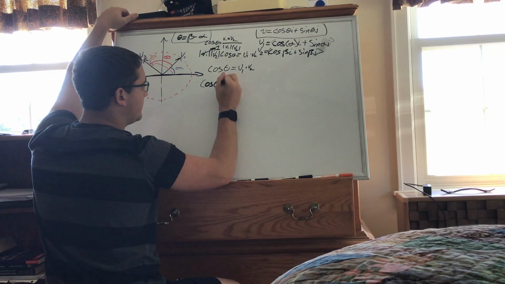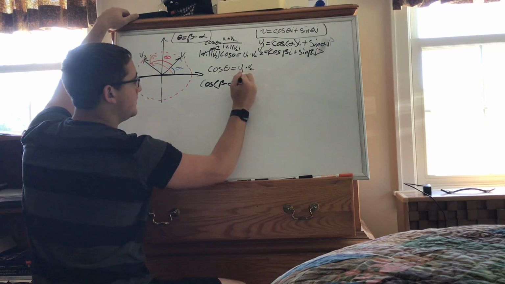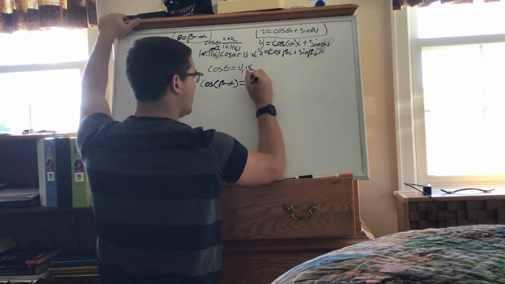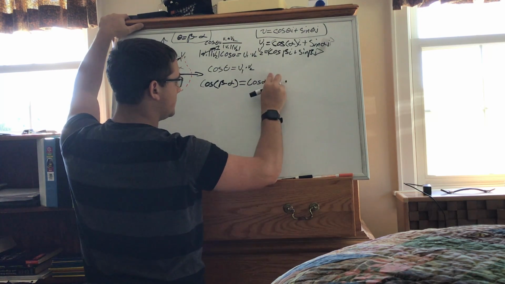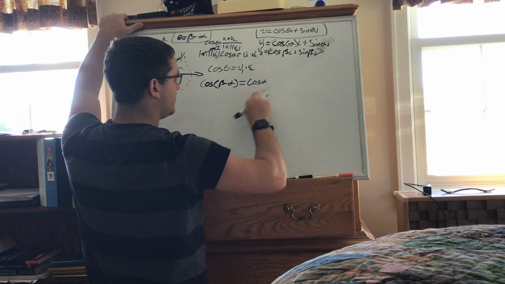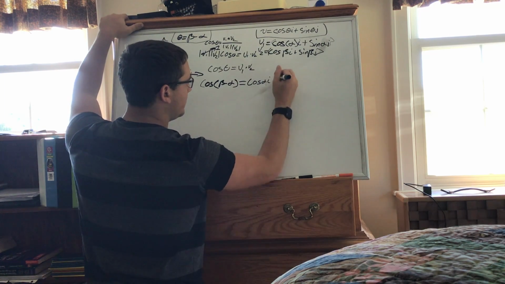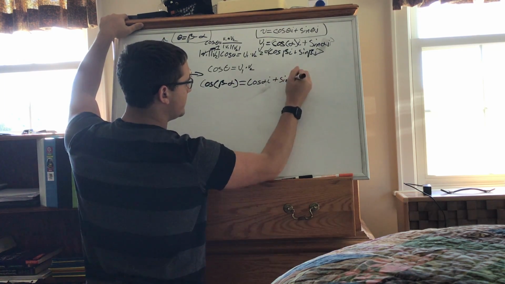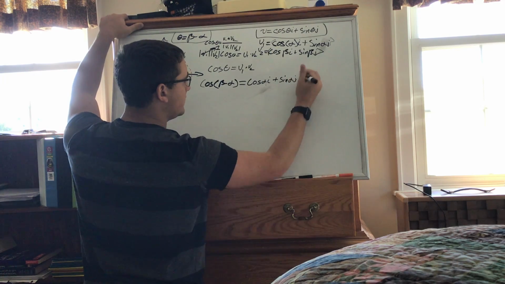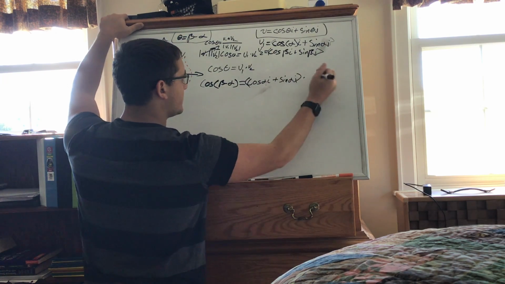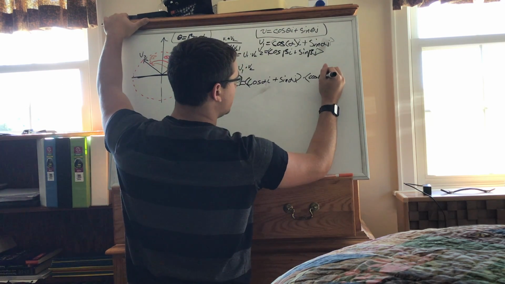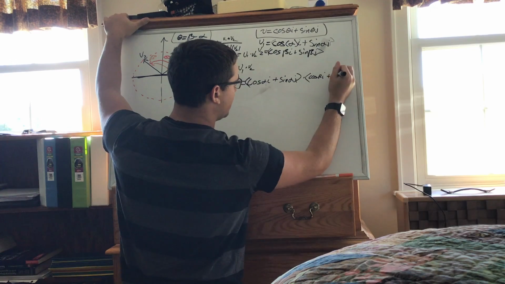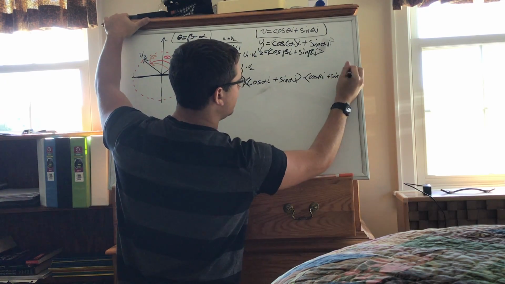So beta minus alpha equals cosine alpha i plus sine alpha j dot cosine beta i plus sine beta j.